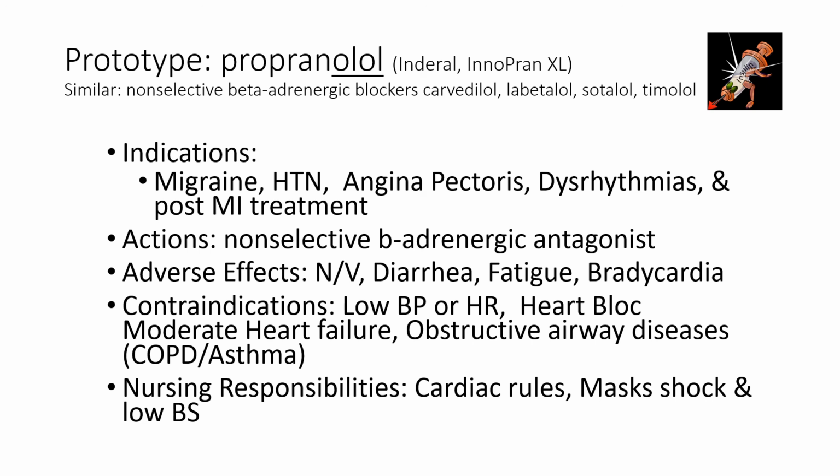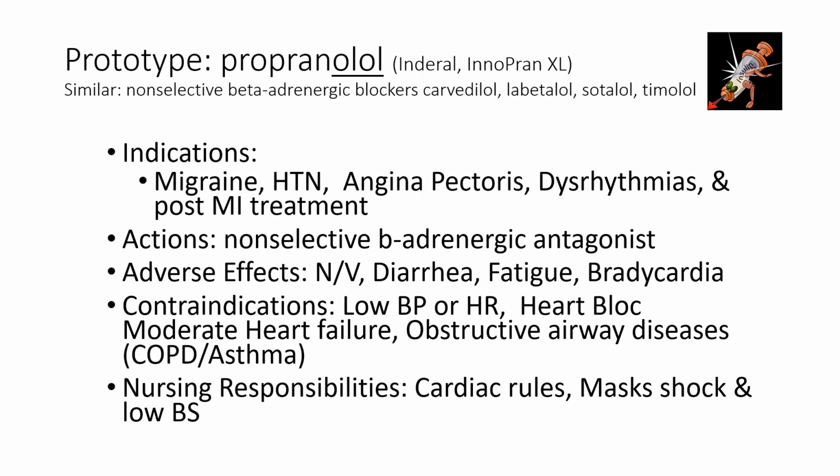Well, what system is responsible for being alerted that your sugars are going too low? It's the sympathetic system, right? So when your sugars go too low, your sympathetic system alerts you by releasing norepinephrine and epinephrine and making you feel nervous, agitated, sweaty, pale, before you lose consciousness from your low blood sugar.